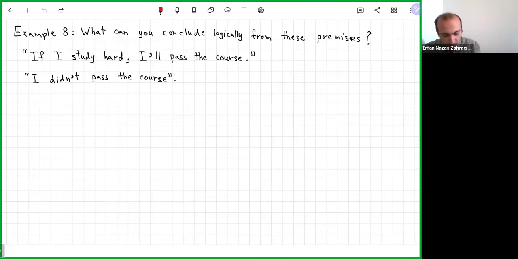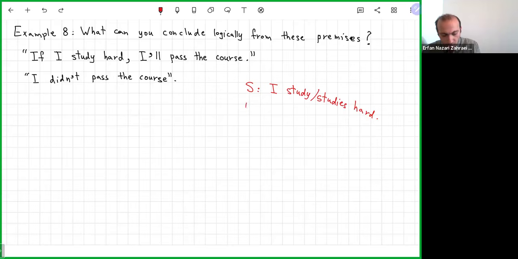So first, let me assign a name to these two main propositions that I have. Let me call S for I study or studied hard. Let me call this proposition S. These are my atomic propositions that I'm defining.